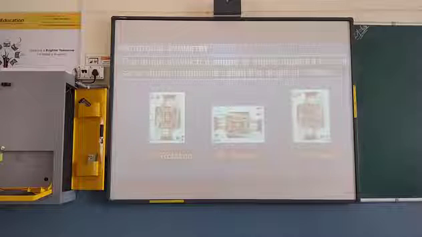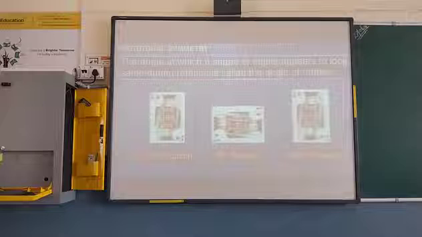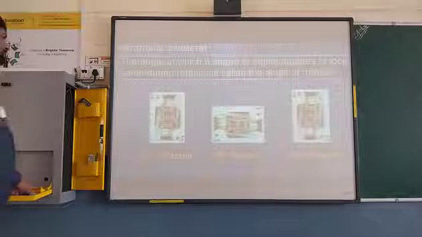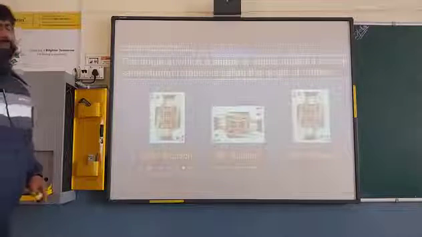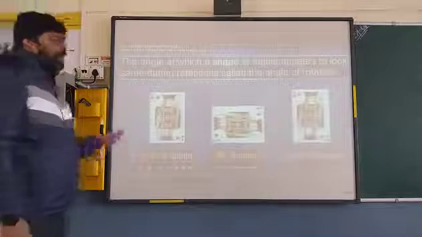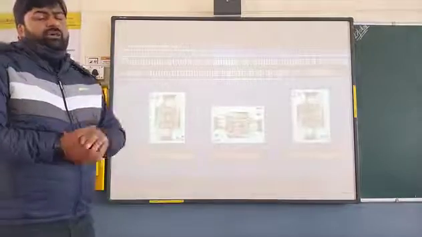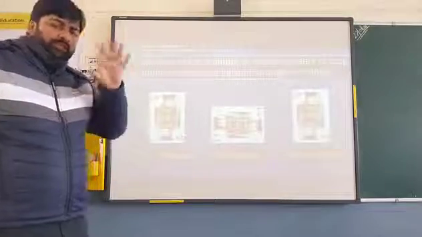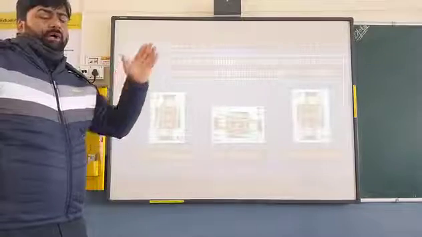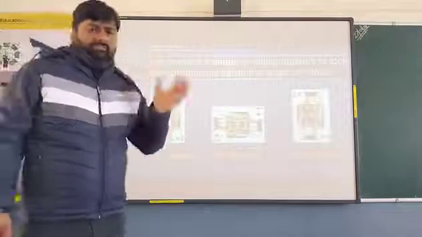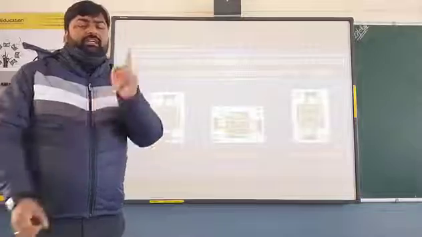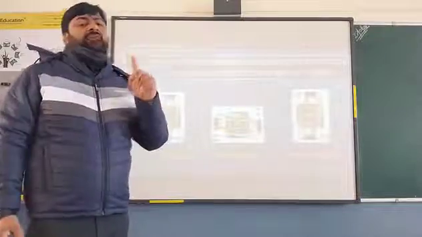The angle at which a shape or object looks exactly the same during rotation is called the angle of rotation. That means if there exists some angle through which we rotate the figure and the original figure and the rotated figure look the same, then we say that that particular angle is the angle of rotation.